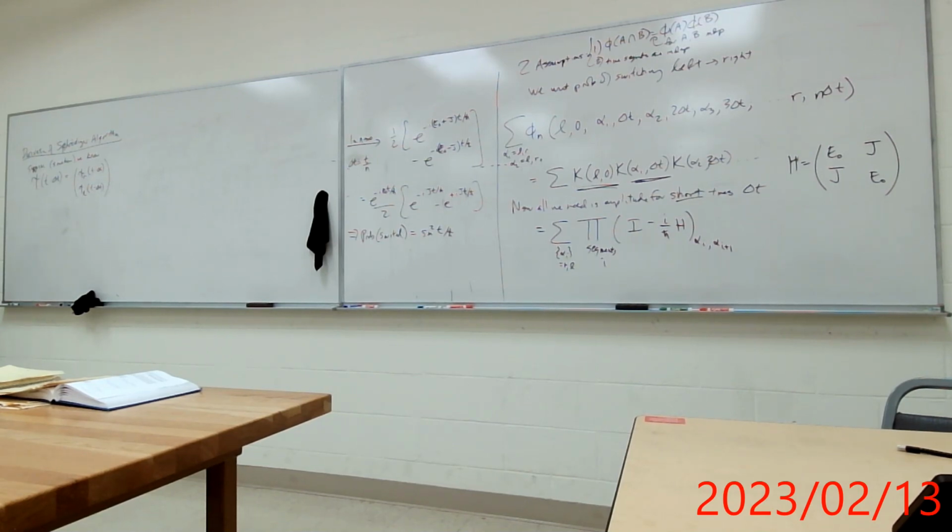Okay, then what do we know? We know that this must equal this matrix K that we've been futzing around with, operating on this, and this is for going from time t minus delta t to time t.